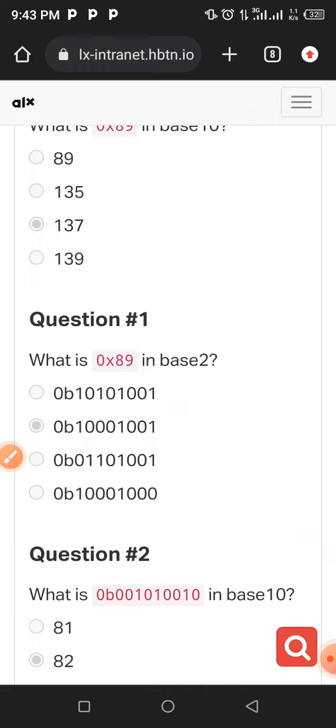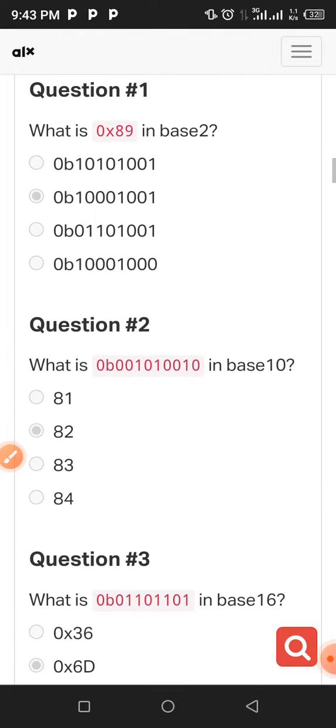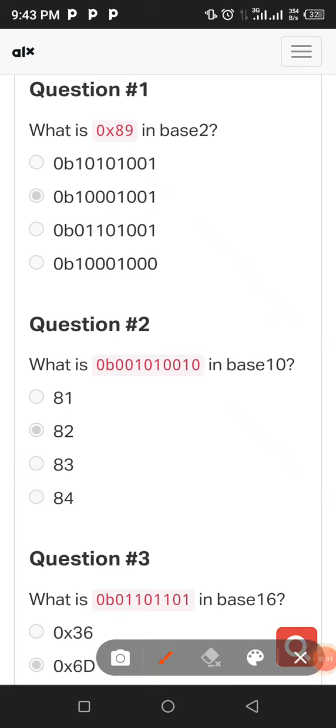You can see that we have the correct number there, which is this one here. So we have 1001, which represents the 9, and 1000, which represents the 8. You can see, as simple as ABC.